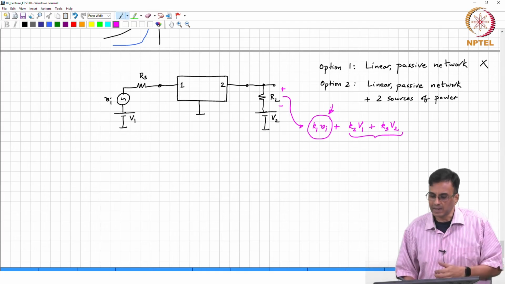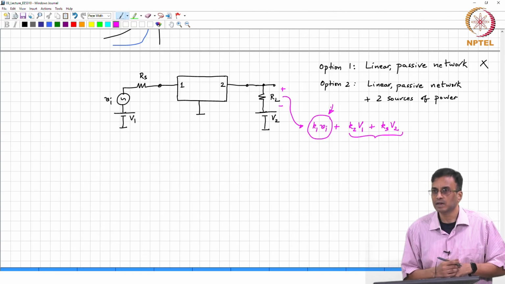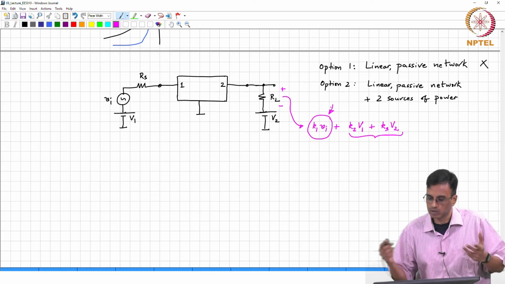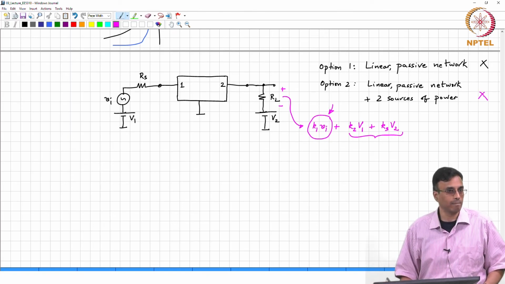That is exactly the same as the initial option 1 where we did not have the 2 DC voltage sources. Does it make sense? So, I hope all of you are convinced that this does not work.